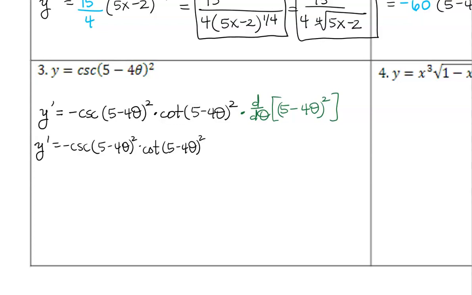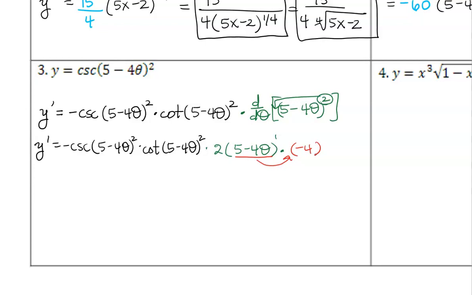And now to start taking that derivative in green, we're going to bring down the exponent of 2. We're going to keep the 5 minus 4 theta on the inside of the parentheses. Its new exponent is 1, which we don't typically write. And then on the outside, because it's not just x on the inside here, we're going to be multiplying by the derivative of 5 minus 4 theta, which is a -4.